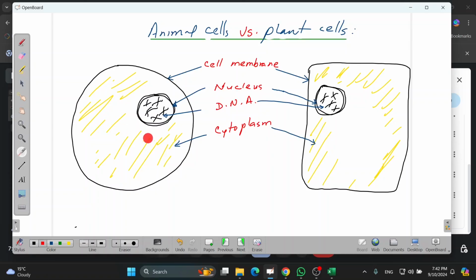It has substances dissolved, proteins, enzymes, electrolytes, chemicals, ions, and all the other components of the cell are kind of floating on that fluid. So the function of the cytoplasm is that it encloses all cell organelles.